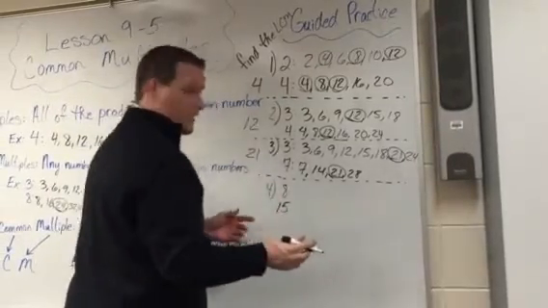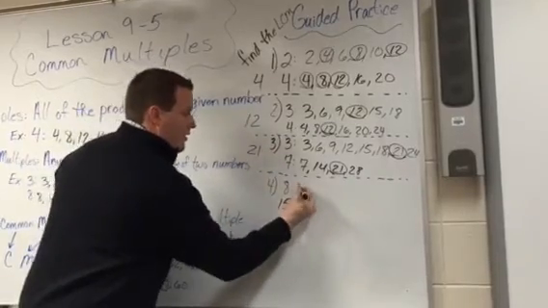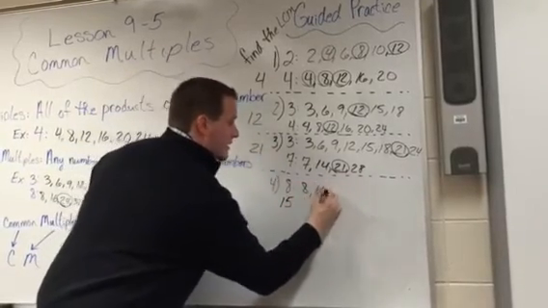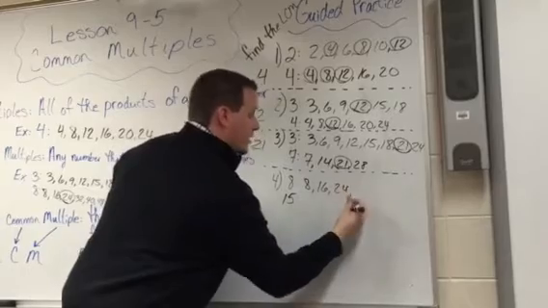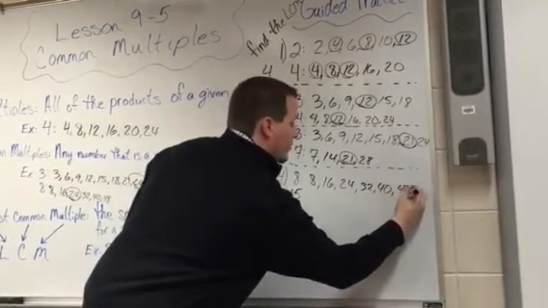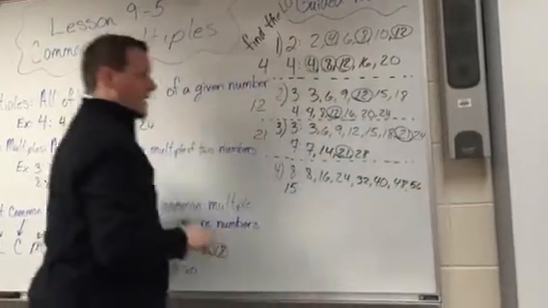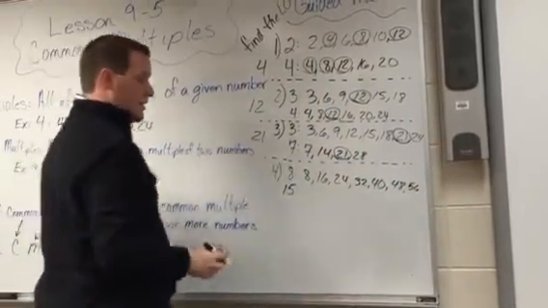All right, welcome back. Let's look at this. We're going to do the exact same thing we did before. We have 8, 16, 24, 32, 40, 48, 56, and we could keep going like that.